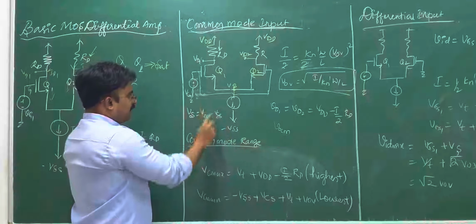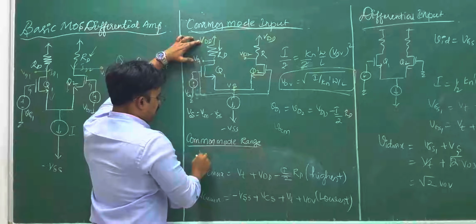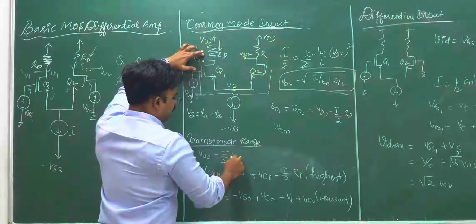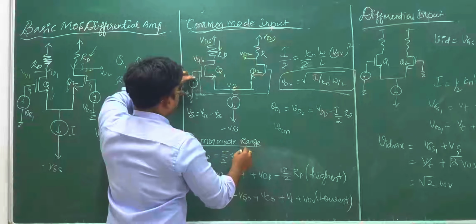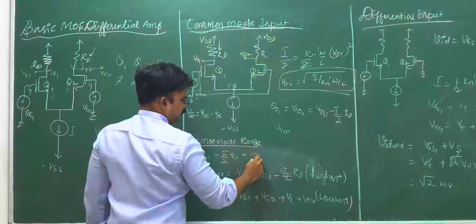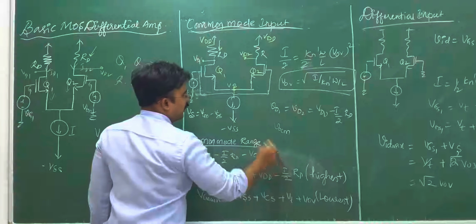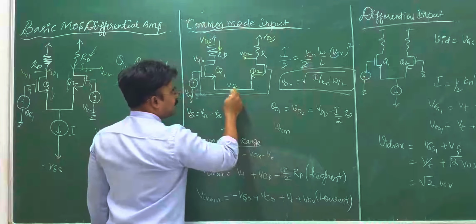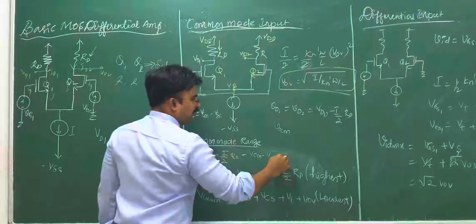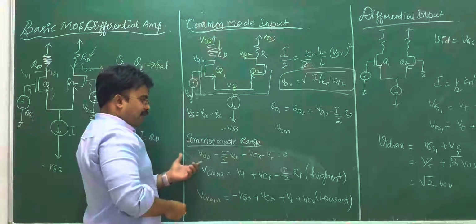If you consider this case, applying KVL to this, I have VDD minus I by 2 into RD minus VCM minus VT, and the voltage at this point, if you consider that to be a grounded value, will be equal to 0. When you are considering from this, you have to find the maximum value.